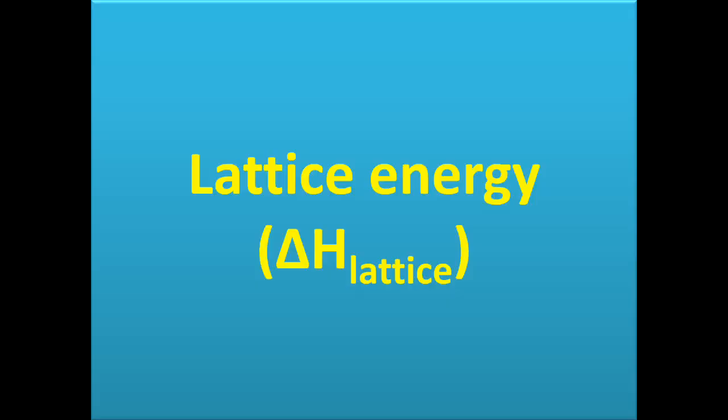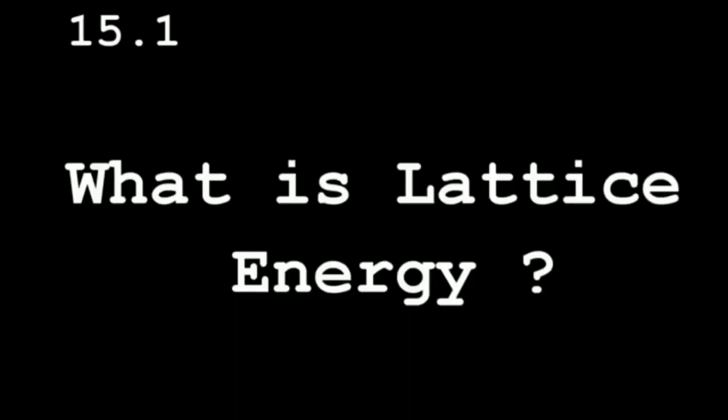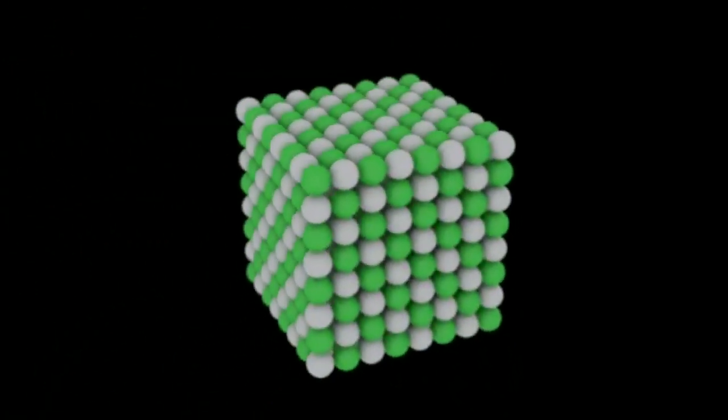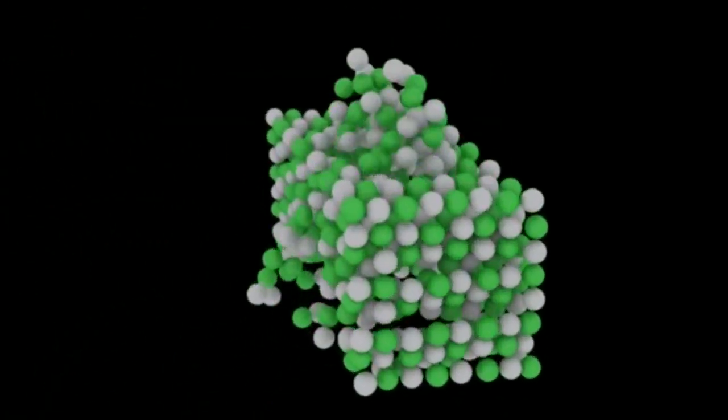Now we are going to see the next topic, lattice energy. So what is lattice energy or lattice enthalpy? Well, here is 1 mole of a crystalline ionic lattice, and the energy required to remove each of these ions out from the lattice, turn them into a gas and space them infinitely is the lattice energy or lattice enthalpy.